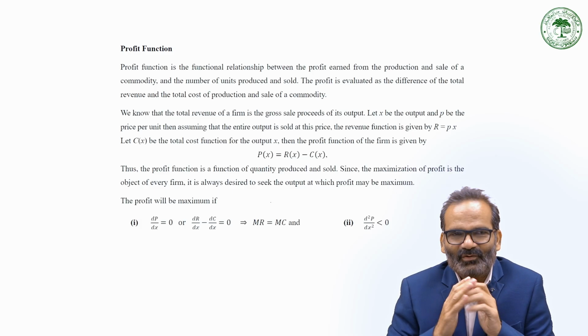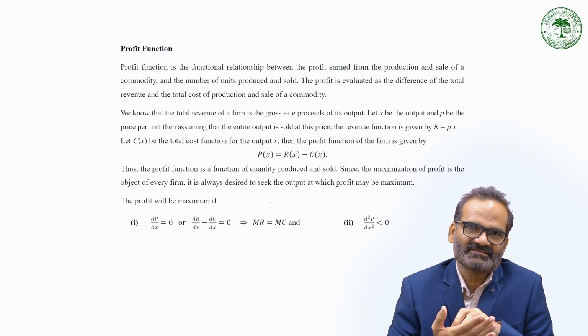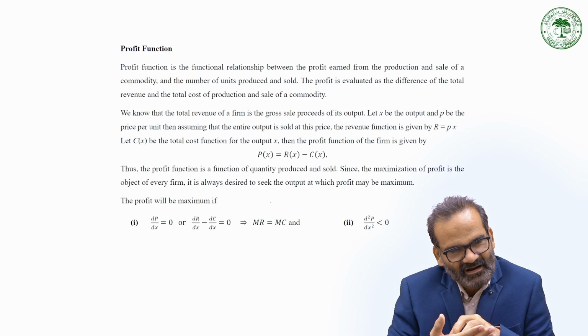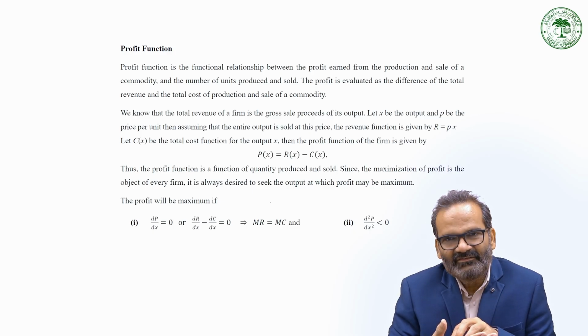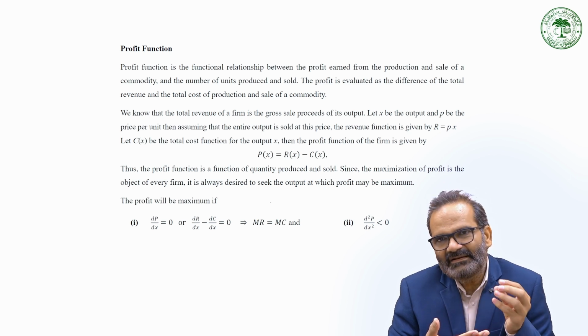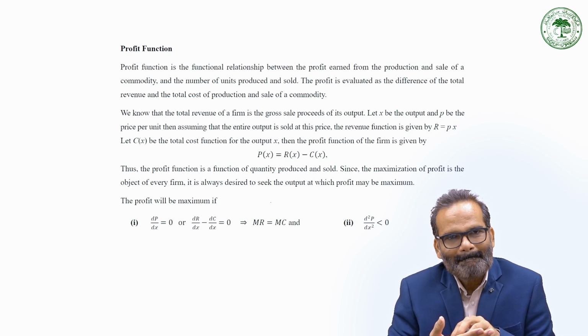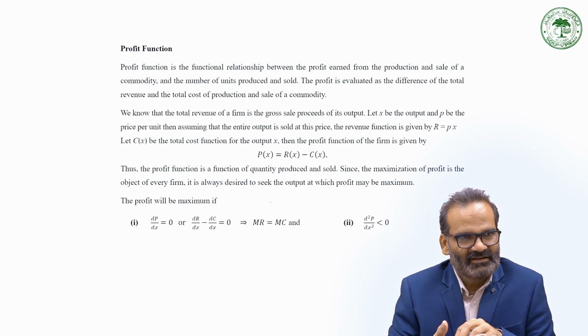So we will calculate the profit function by calculating the cost function first. Either we will calculate the cost function from the data given, or the cost function will be given to us. Similarly, either we will calculate the total revenue using the given data, or the total revenue will be given to us.